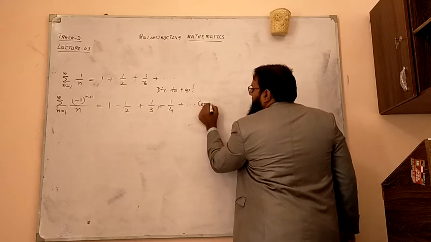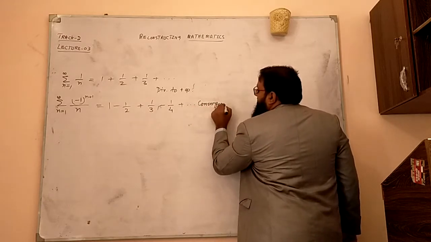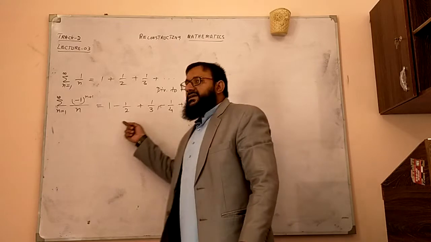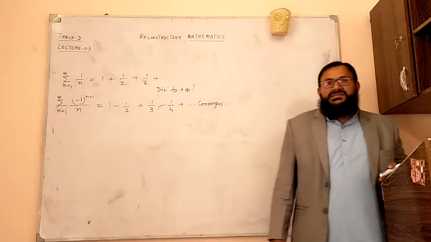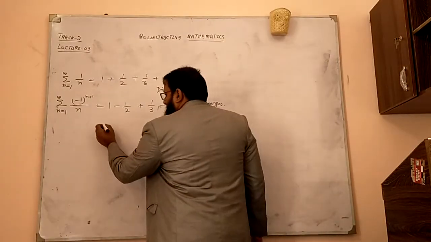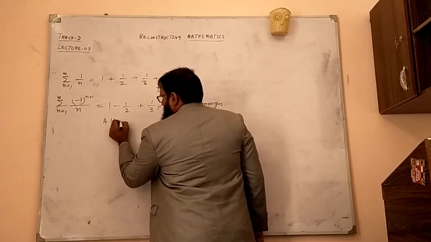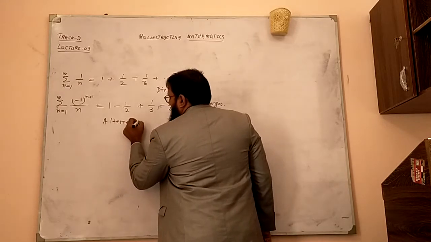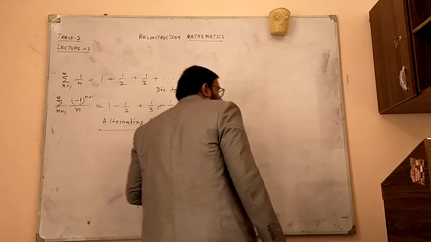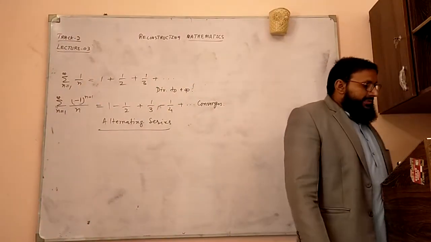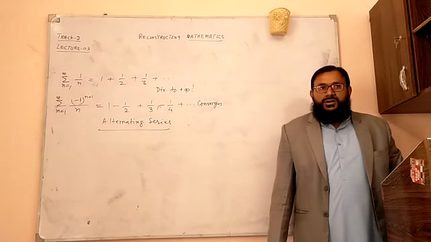This particular series converges. This is called an alternating series, with one term positive, another negative, then positive, then negative, and so on. We call this an alternating series. And now we have an alternating series test which will tell us whether it will converge or not.